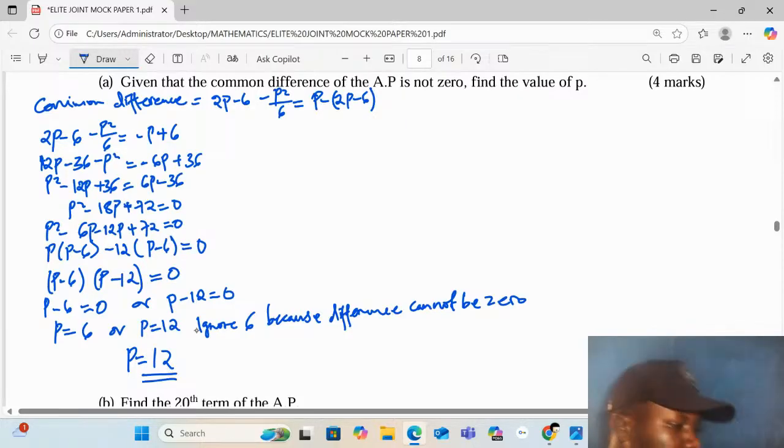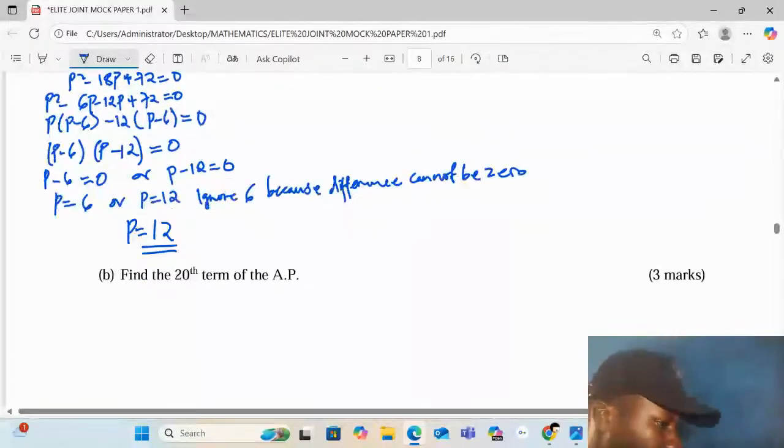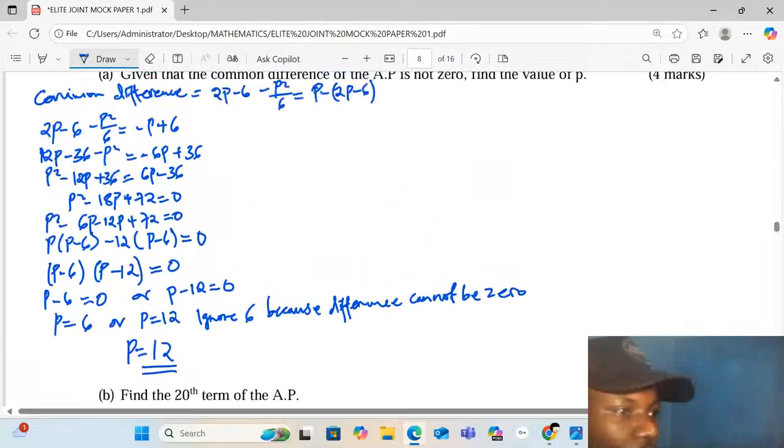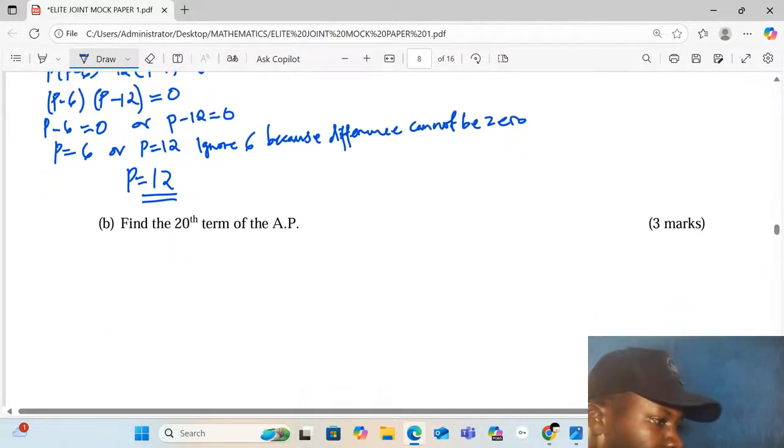So you take your p as 12. Now we move to the next one. Remember, this is section B. One question carries 10 marks. So that is just 4 marks out of the 10. We are remaining with 6.